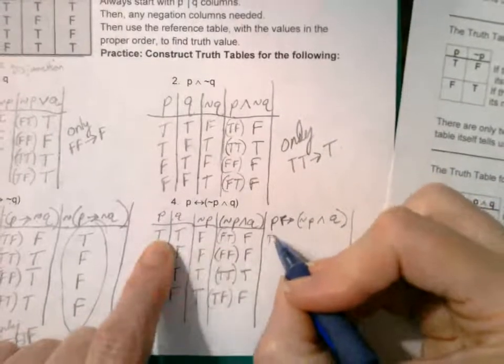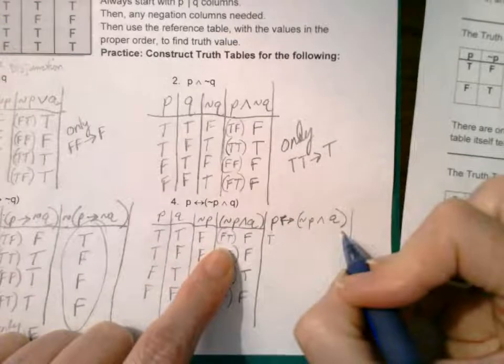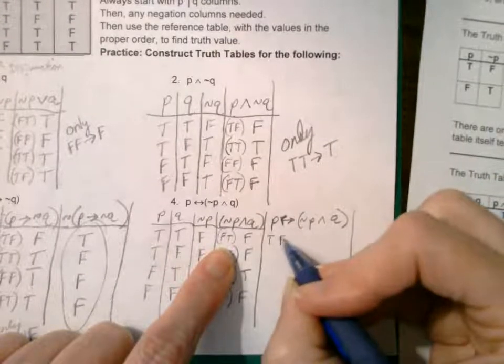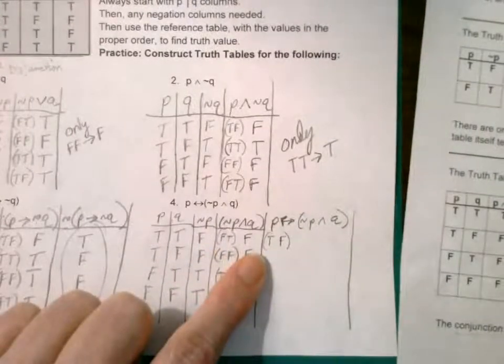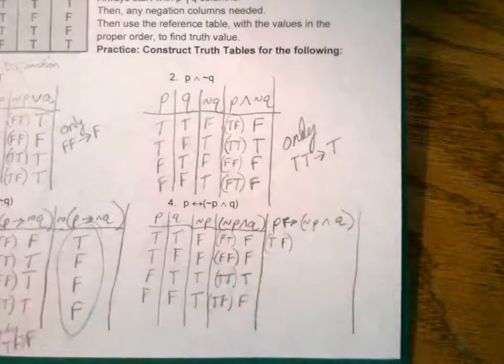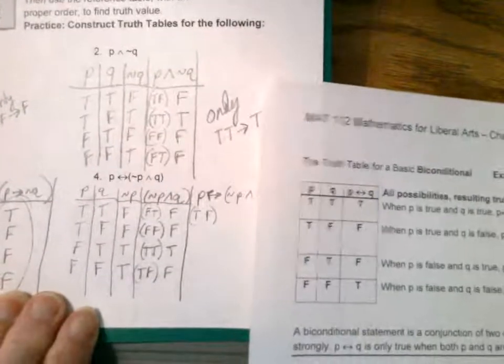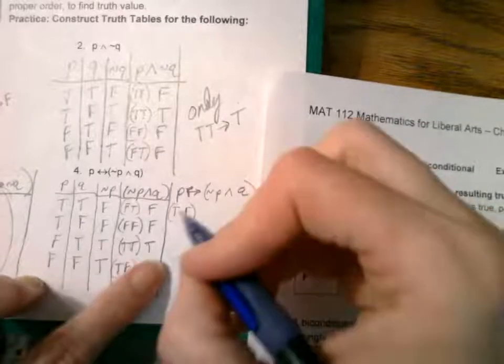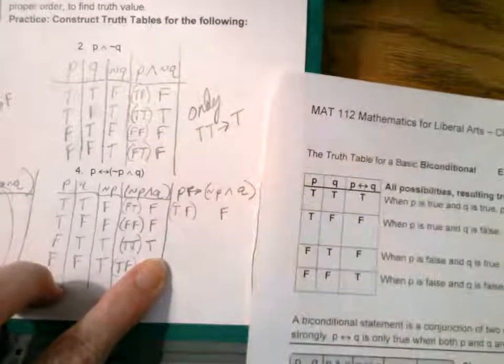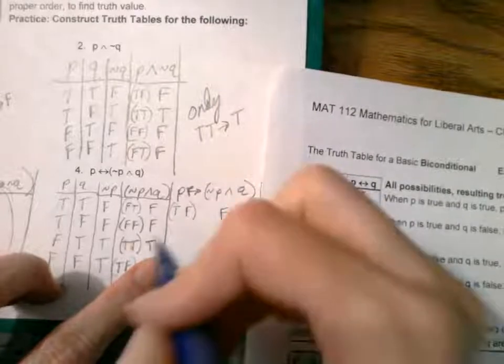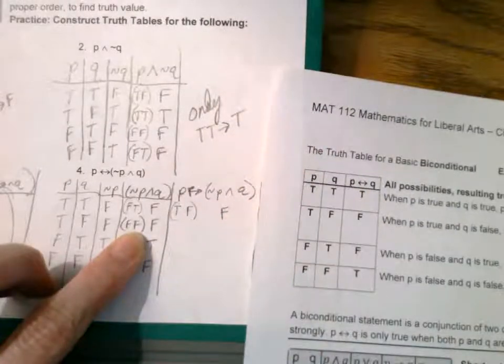P was T. What was all of this? All of this was F. So I need the biconditional table. It says TF is an F.